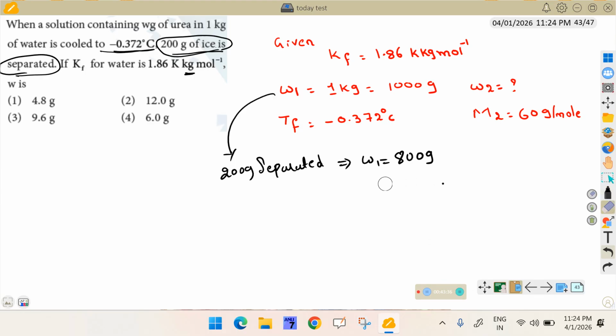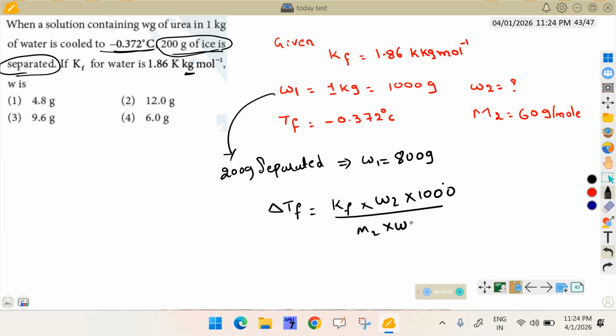Now delta Tf is equal to Kf into W2 into 1000 by M2 into W1. Substitute the values: 1.86, weight of the solute we don't know, into 1000 by M2 value 60 into W1 value 800. Why? Because 200 grams separated.